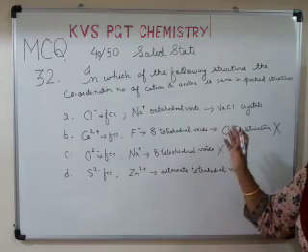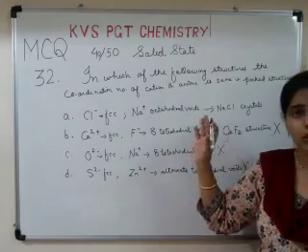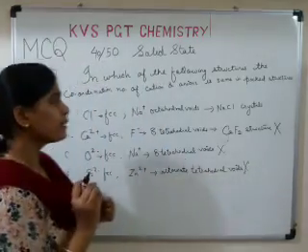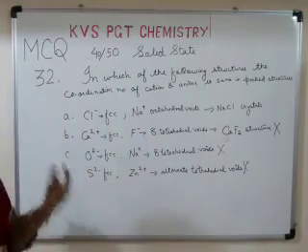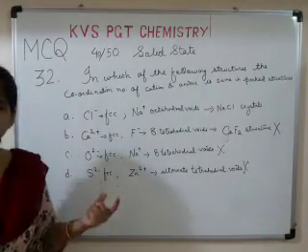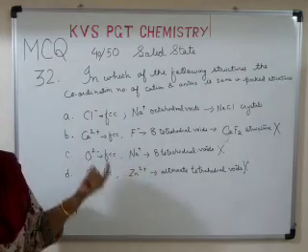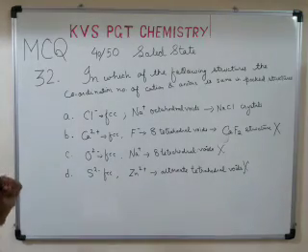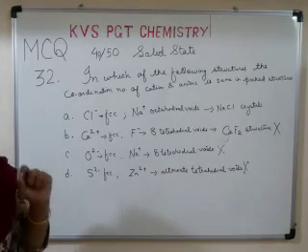So see, let us discuss option number A, how option number A is the correct answer. See, whenever you are talking about the NaCl crystal structure, that is a rock salt crystal structure, having the coordination number of 6.